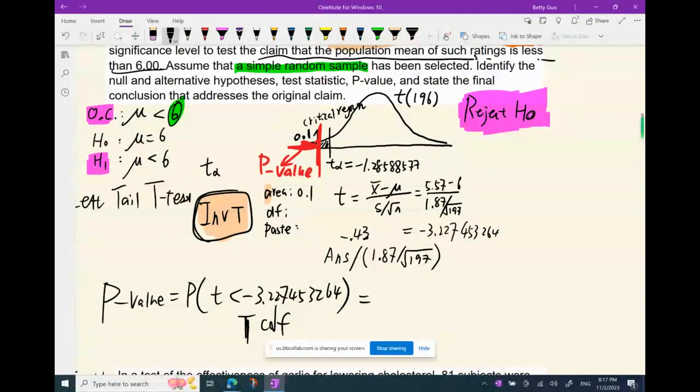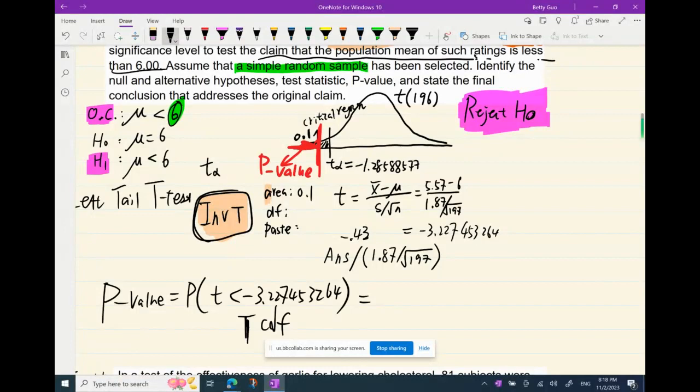Lower is negative infinity, already there on my calculator. Upper is negative 3.227453264. I'd like to make it as precise as possible.